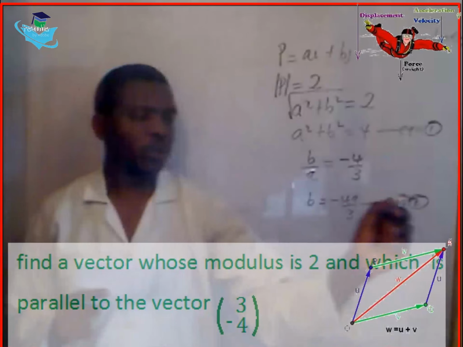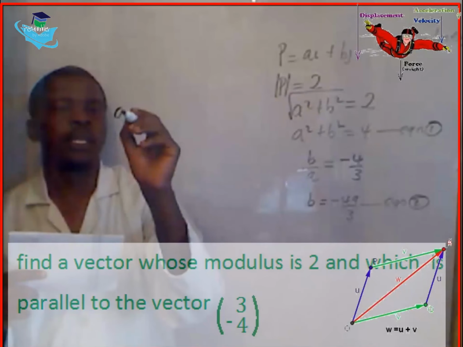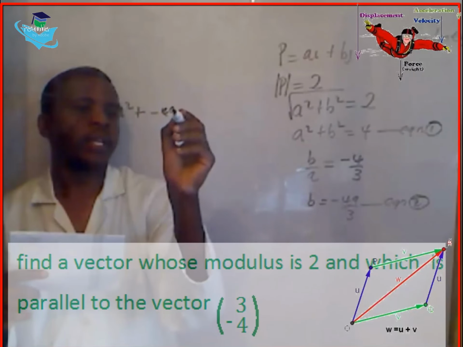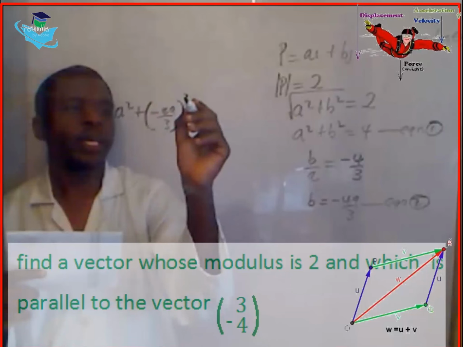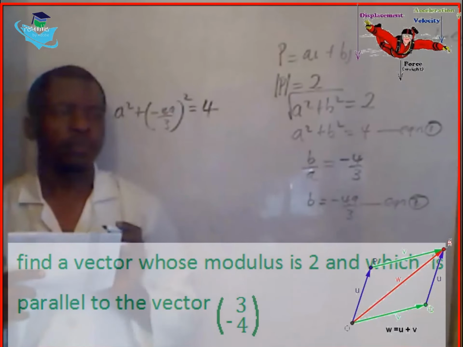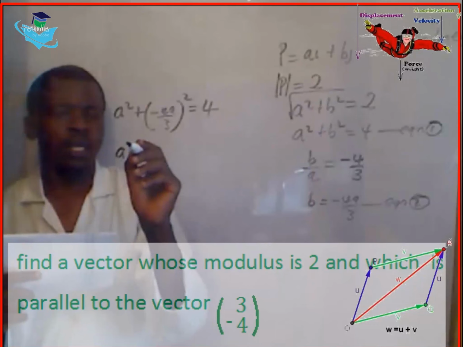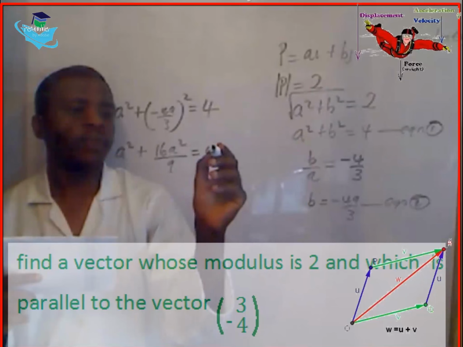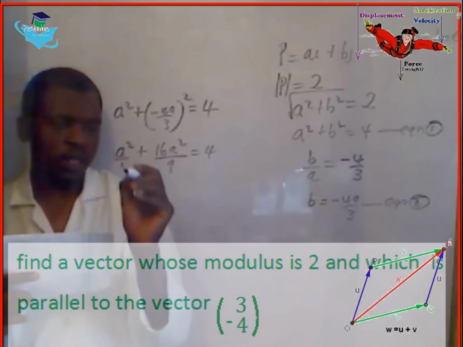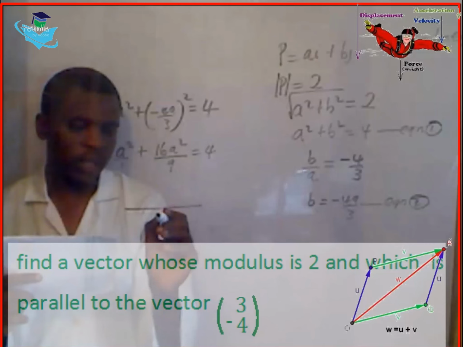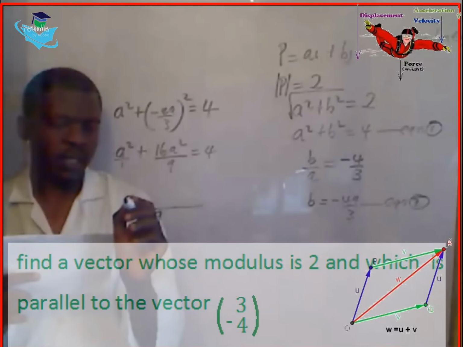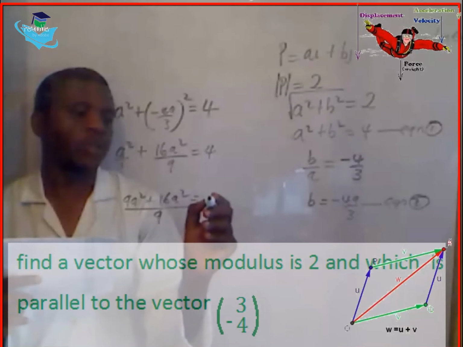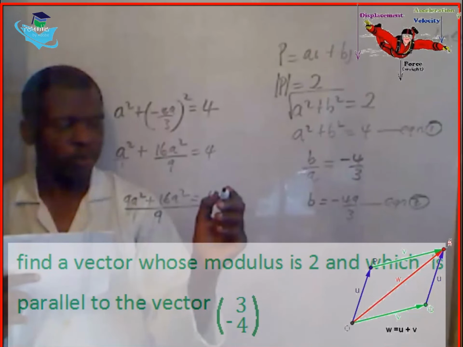Substituting equation 2 into equation 1, I'll have a squared plus (minus 4a over 3) squared is equal to 4. This will give us a squared plus 16a squared over 9 is equal to 4. The denominator here is 1, so our LCM will be 9. This gives us 9a squared plus 16a squared is equal to 36.